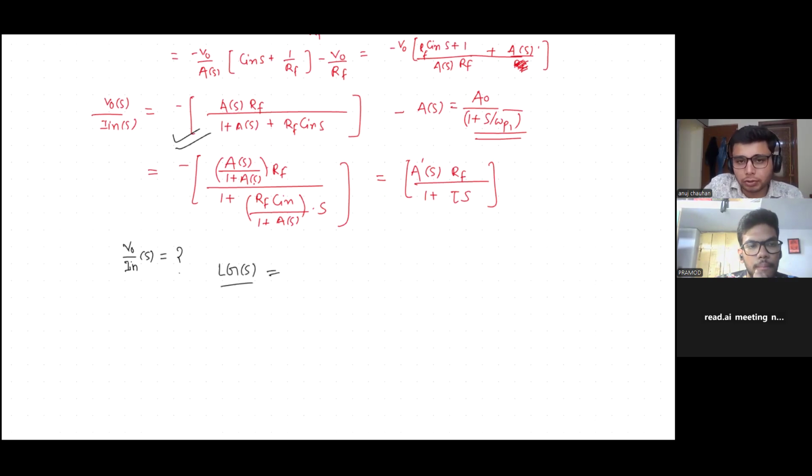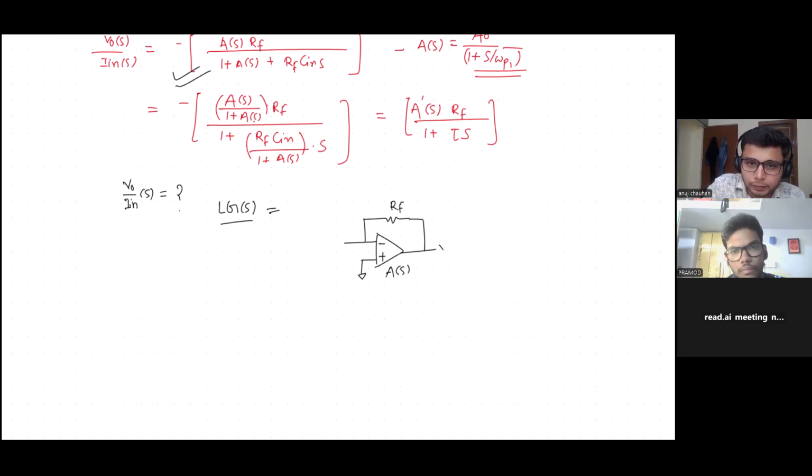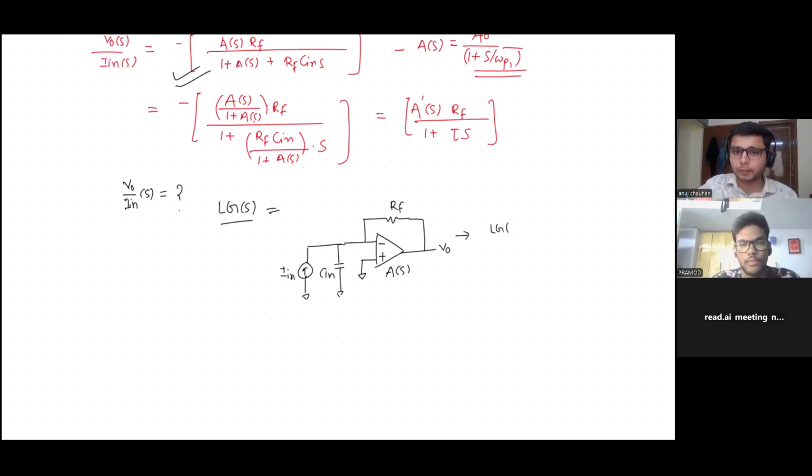I should again draw this amplifier. It has the transfer function, or gain, A of s. This is RF, V naught, C in, I in. So write the loop gain for this circuit, LG of s.